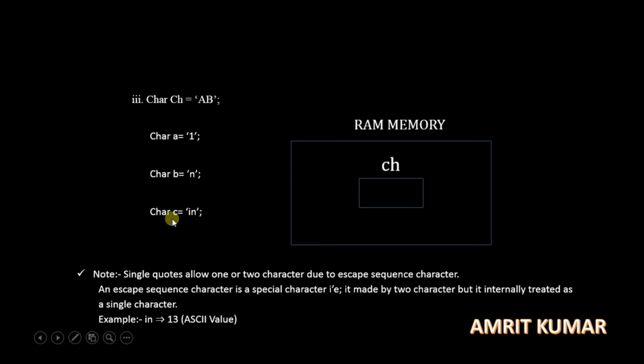Another example: c is a variable name, char is the data type, equal to a value enclosed within single quotes, because it is necessary to store character constants. So the variable c is going to allocate some memory in the RAM whose size is 1 byte and type is char, because char data type stores a maximum size of 1 byte.